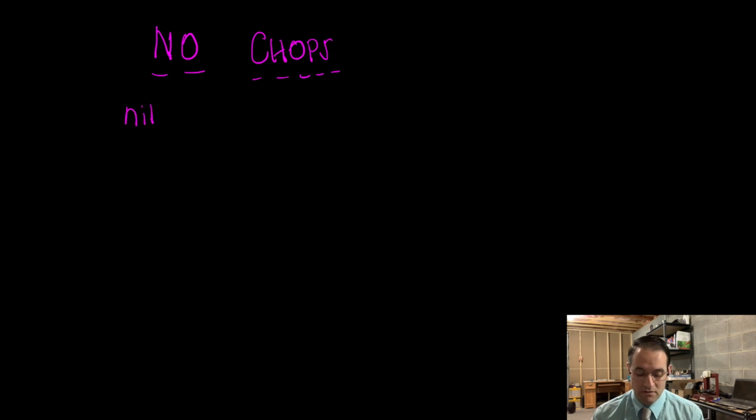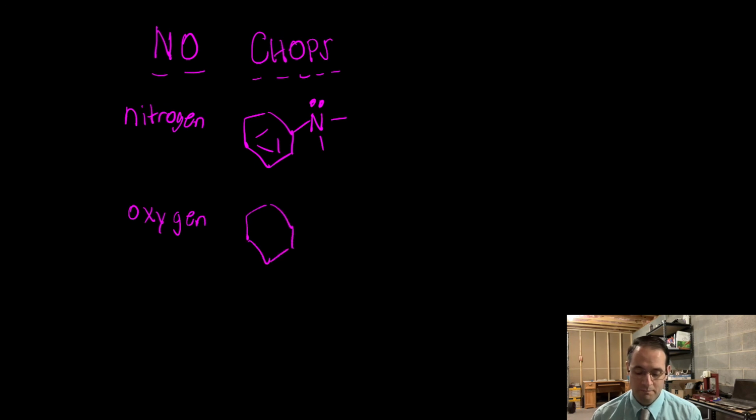So nitrogen, if it's directly attached to the aromatic ring with lone pairs on that nitrogen atom, it doesn't matter what those two groups are on nitrogen, that's an ortho-para director. Oxygen is also going to be an ortho-para director. It doesn't matter what group is off to the right there, okay?